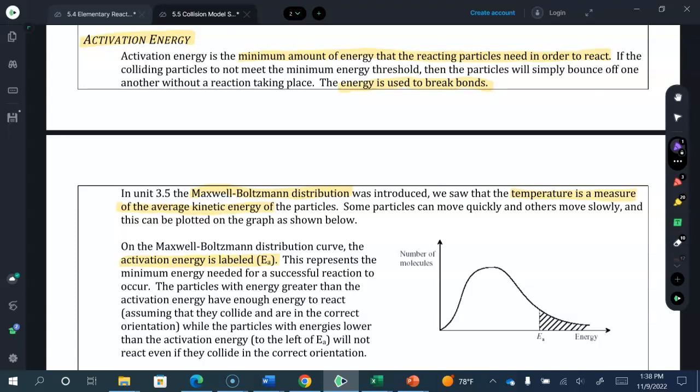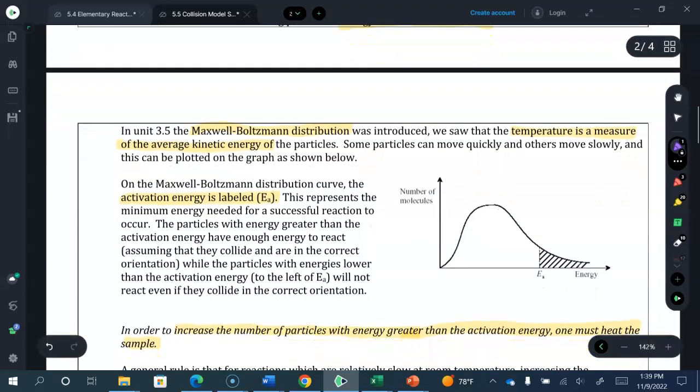In 3.5, the Maxwell-Boltzmann distribution curve was introduced. It's shown here below. We saw that the temperature is a measure of the average kinetic energy of the particles. Some particles move more quickly than others, and so we see a distribution of that. On this graph, we can plot the activation energy, EA.